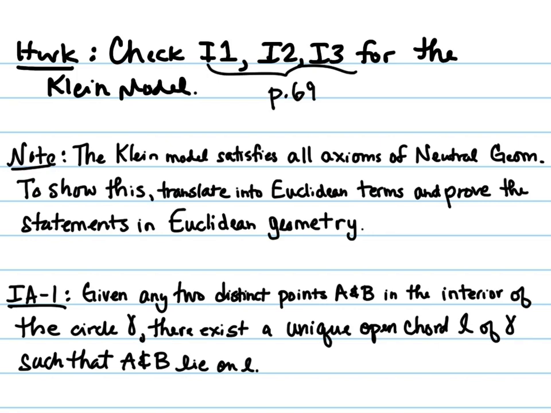Does that make sense? The proof for this is on page 300. See, I'm even telling you where to find it in your book. It's amazing. I just did a third of your homework for you. Do you know what? There's another homework assignment as we keep going today, so maybe I didn't. All right, so this is the first incidence axiom. This one's already proven for you, but go ahead and rewrite it in your own terms for IA1.